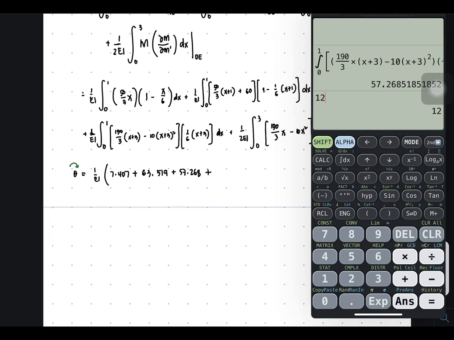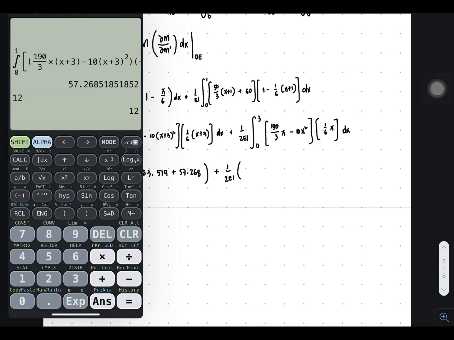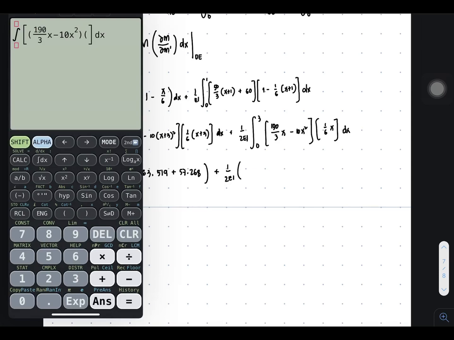Then plus, no, not anymore, but rather we're gonna close that since that's only for 1 over EI. Let's proceed to 1 over 2 EI, which is only one term. So it's going to be integral of 190 over 3 x minus 10 x squared times x over 6 from limit 0 to 3.